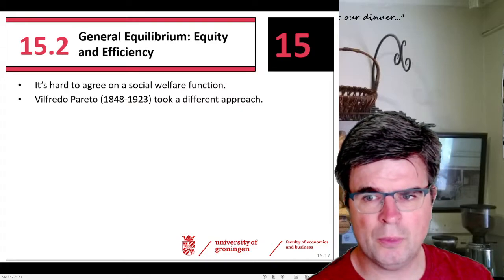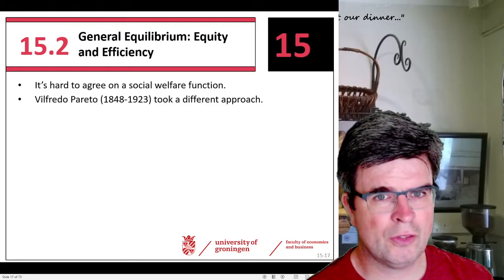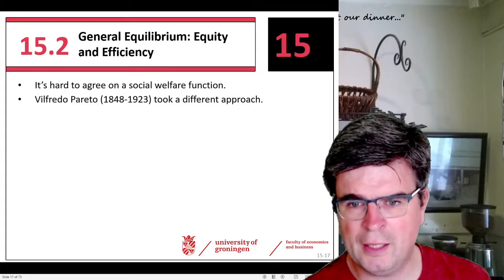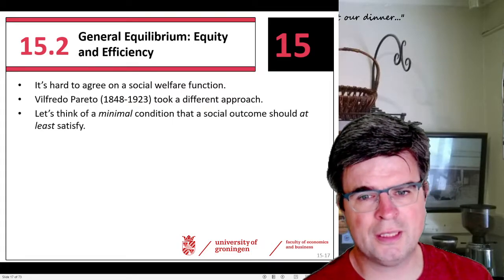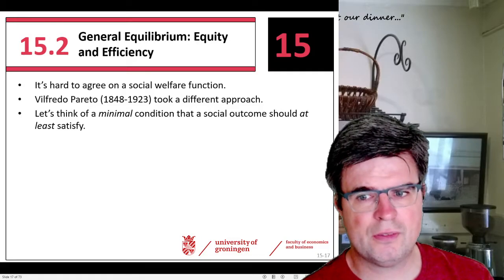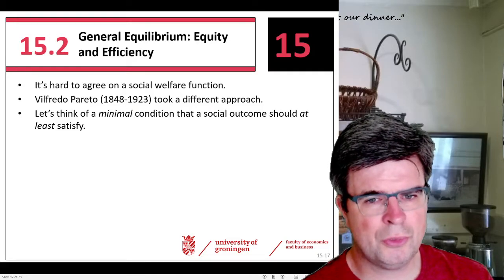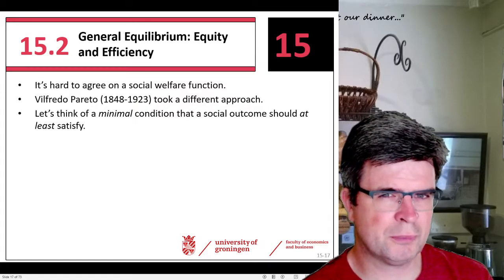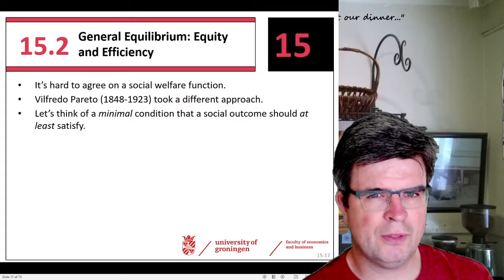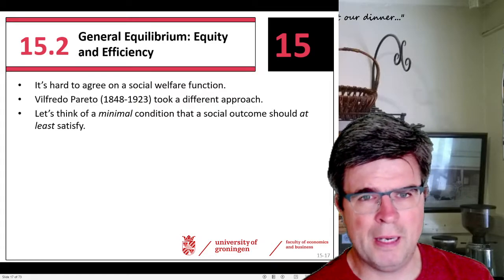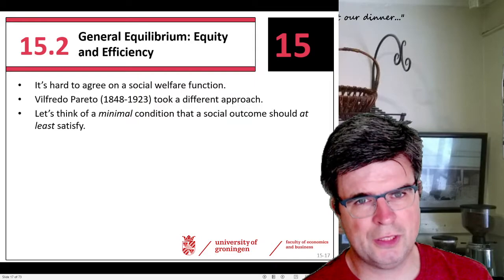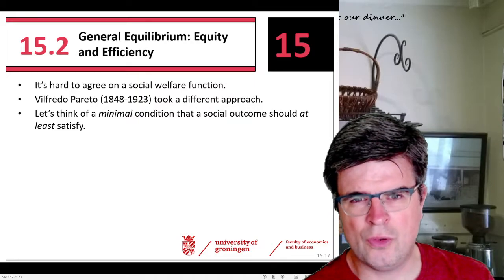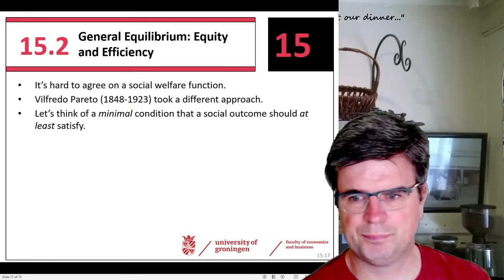And Pareto tried to find a way out of this debate. He took a different approach, and the question that he asked is, okay, let's think of the minimal condition that a social outcome should at least satisfy. Can we formulate a condition that is the bare minimum that a social outcome should satisfy? And if that is not satisfied, then certainly it is socially not a good outcome.